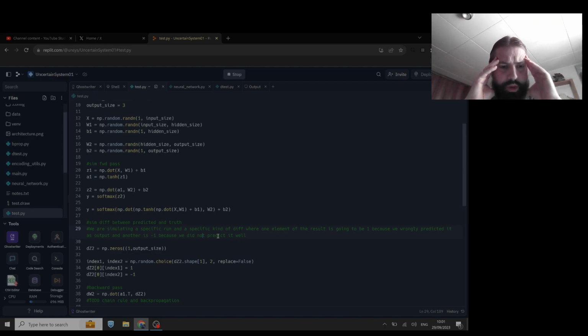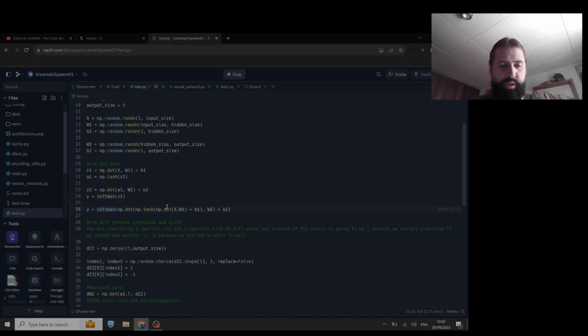Now what we want to do when we do the backpropagation is, I mean, softmax is just an activation function. For some reason, they keep that aside in some cases, and that's fine.